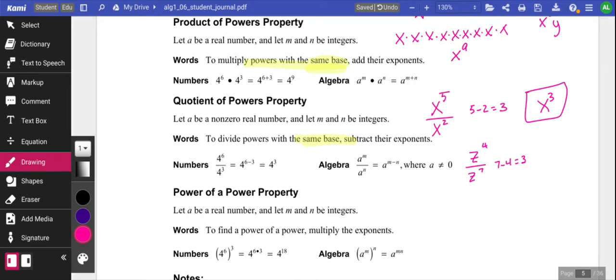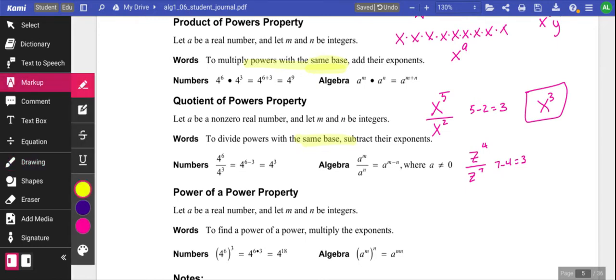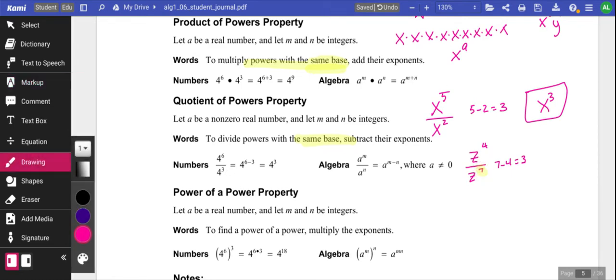All right, 7 minus 4, we get 3. So I am going to have z to the third power, but it's not going to be in the top of the fraction. See how the larger exponent's here in the bottom of my fraction? It's going to be the same deal. I'm going to have that z to the third, but it stays here in the bottom of my fraction. I'm going to put it under 1.